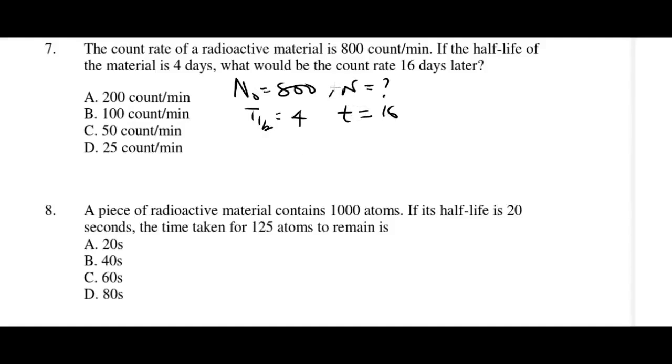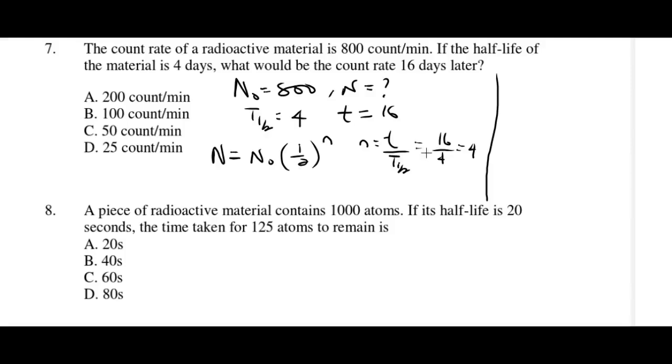So we need our N. The formula remains N equals N naught times half to the power of n. And you already know that n is T over half-life. So what is T? 16, half-life 4. So our n is 4. By substitution, N here is unknown.